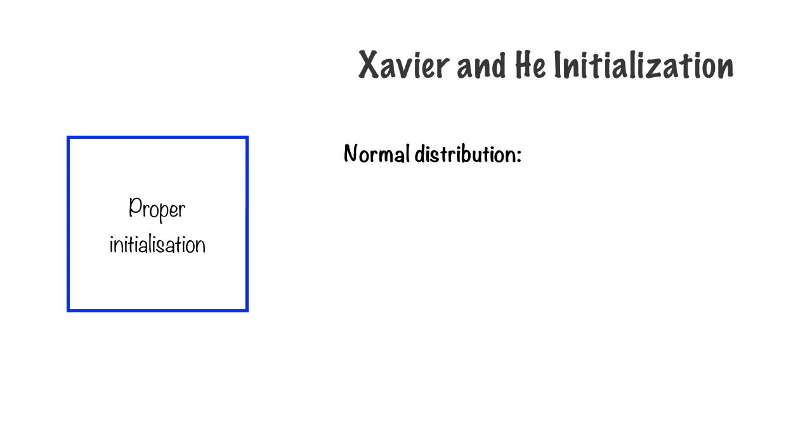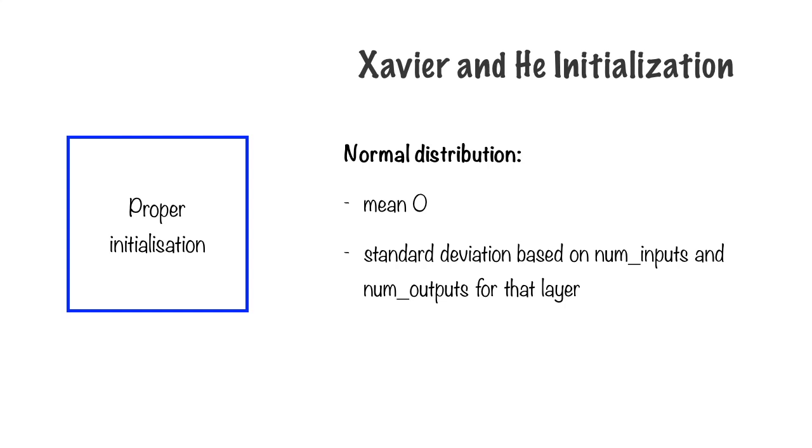Now, the weights can be initialized randomly using normal distribution with a mean at 0 and a standard deviation which is based on the number of inputs to that layer and the number of outputs for that layer. The standard deviation is calculated using a predefined formula. We won't go into the details of what that formula exactly is here.